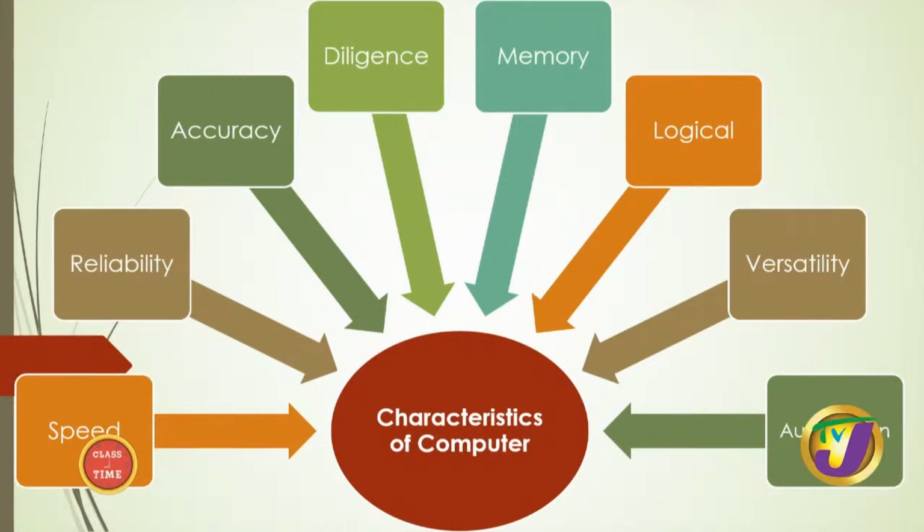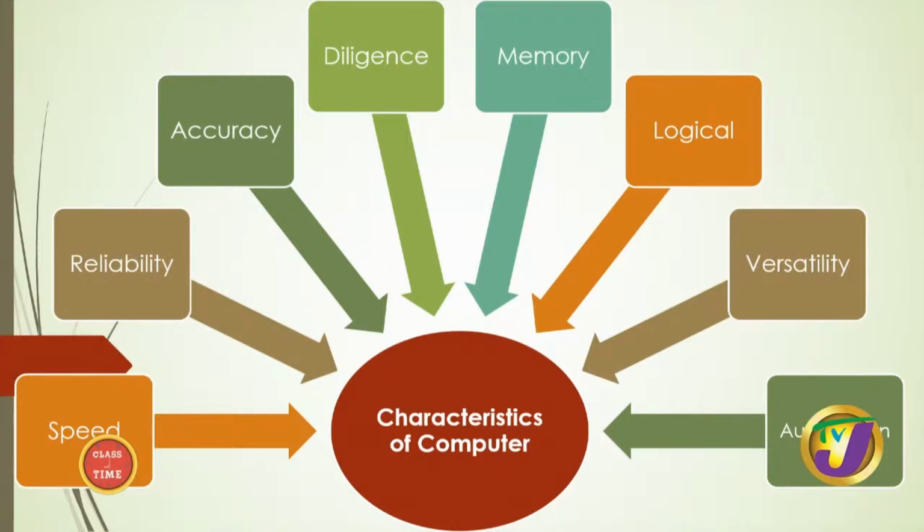So the computers have speed, which means that it is able to process a lot of information in a short space of time. Human beings would not be able to do that in the same time frame as the computer does.